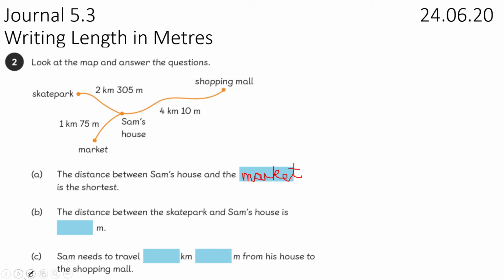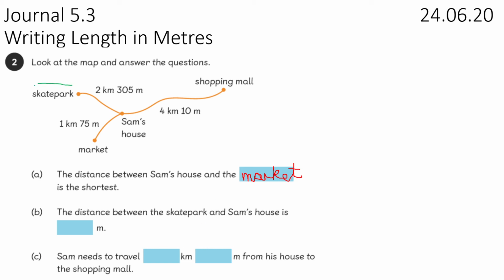Now the distance, so I'm going back to the pointer. The distance between the skate park and Sam's house is something metres. Here's the skate park, and here's Sam's house. I'm going to change the colour of my pen just so you can see the route. So skate park and Sam's house.